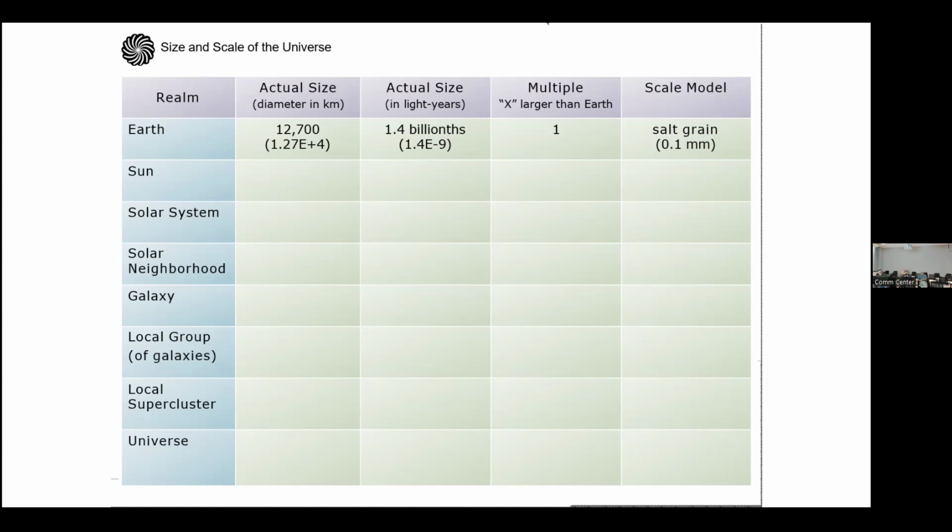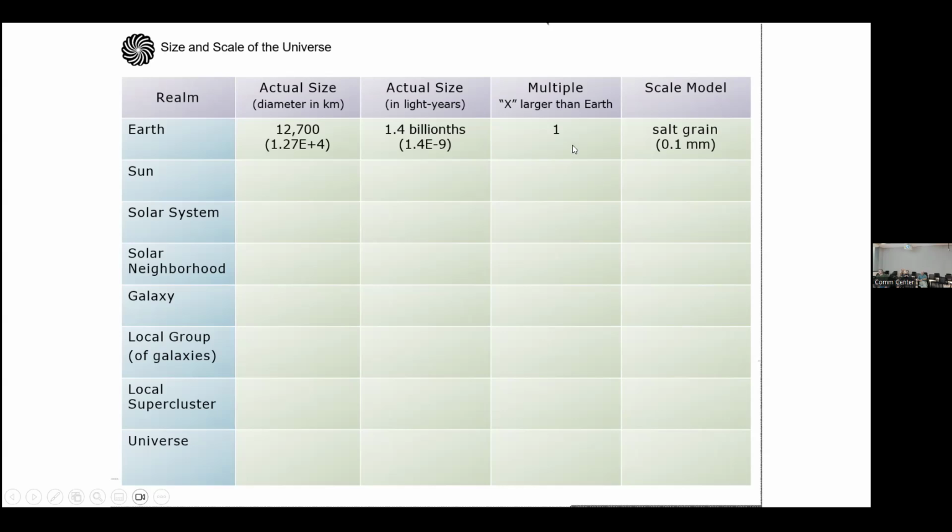Astronomical. That's a good word for it. They'd be impossible to fit on a piece of paper. The sizes and the scales are just outrageously small. The next slide actually fits all these in.